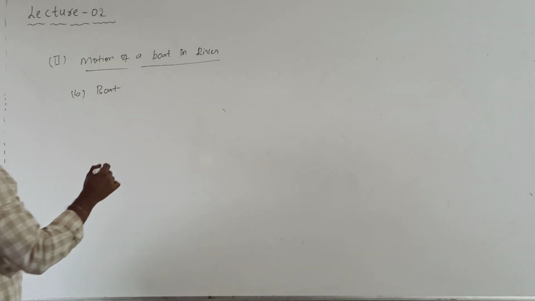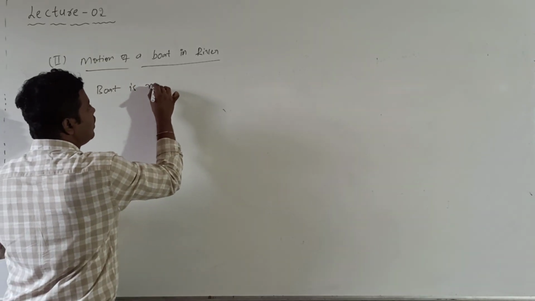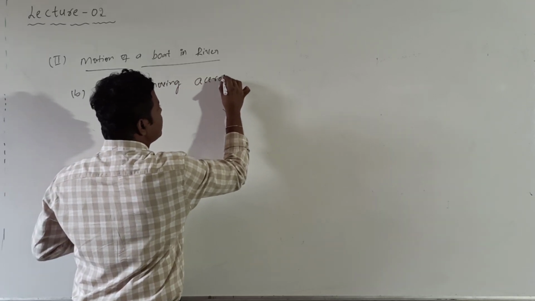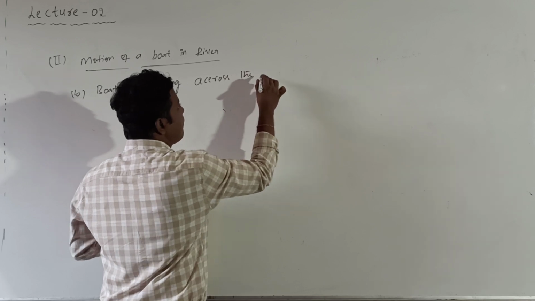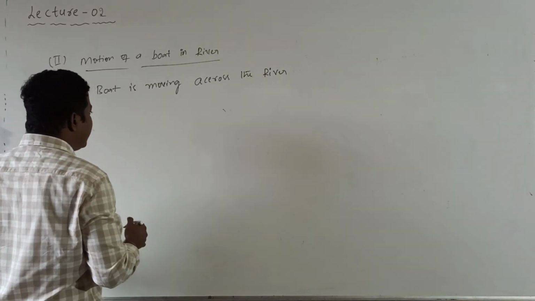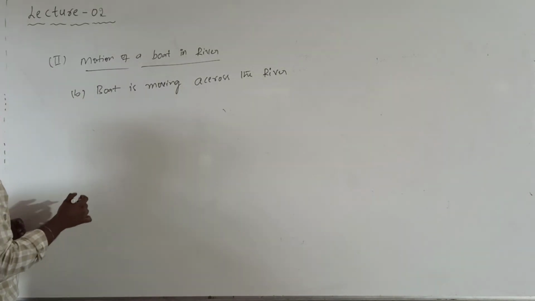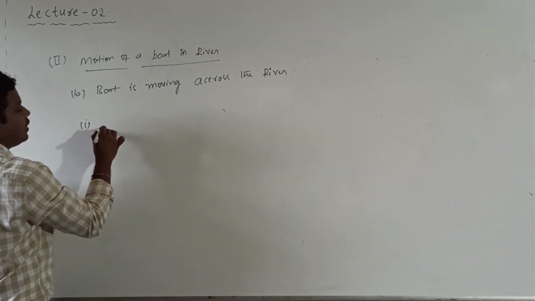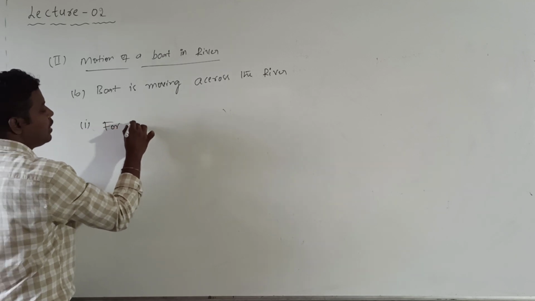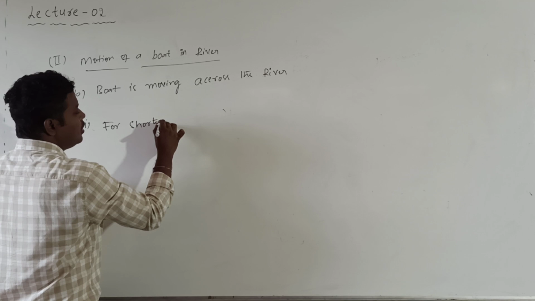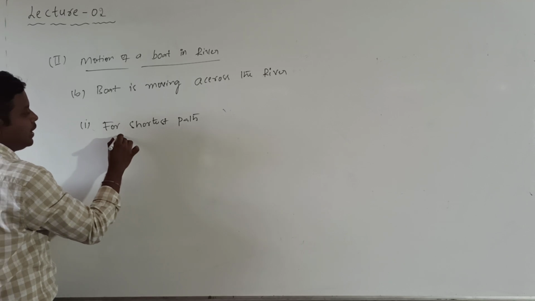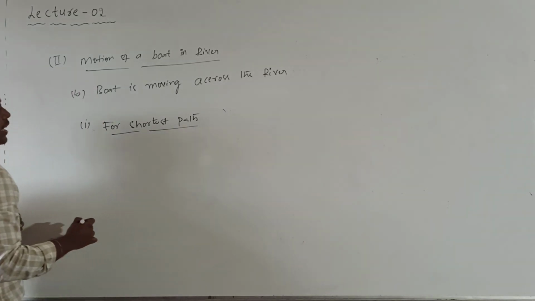Let us consider again two cases here. First is to cross the river in the shortest path, and second is to cross the river in the shortest time. First case, shortest path. Already we discussed this in regular classes.